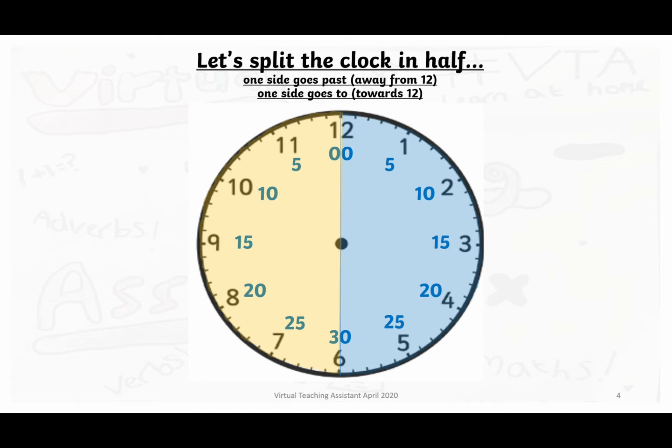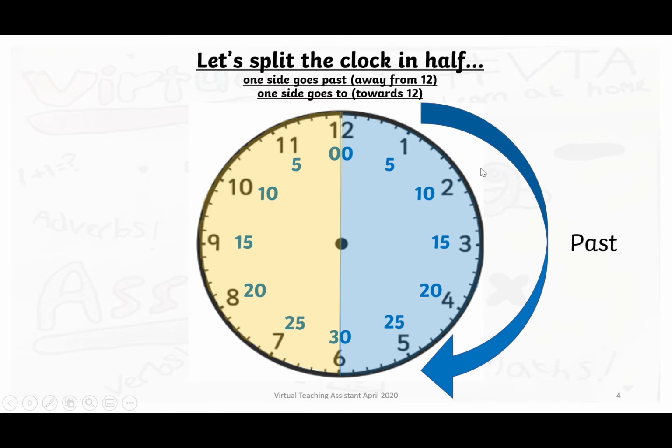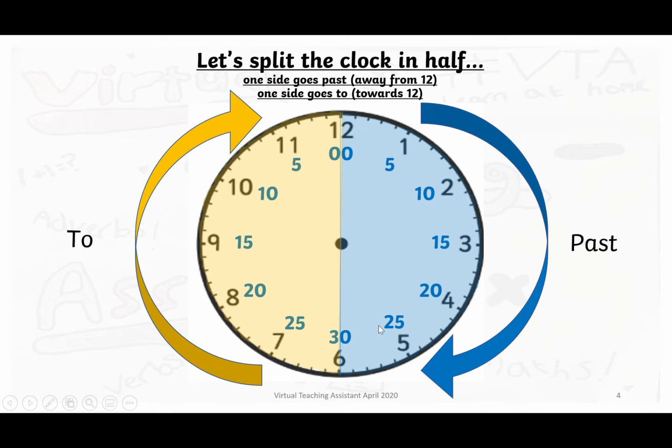Now let's split the clock right in half. So we've got one side over here which is telling me past the hour, so it's going away from the number 12. And then this one over here is going towards the number 12, so we're going to call this to the hour. You'll notice I've changed the numbers down here as well. Because if I kept this as 35, because remember we counted in 5s all the way around before, then I wouldn't be telling you an accurate picture, would I?